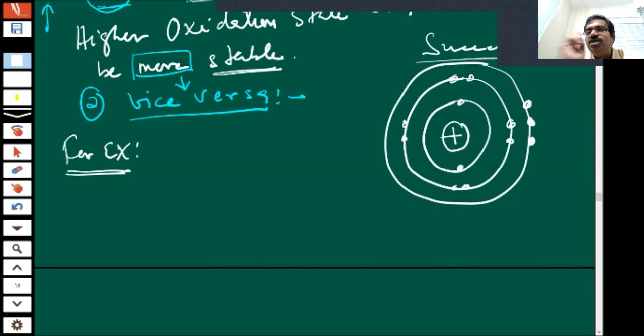Can you tell me which element it is? Aluminium. Okay, very nice. So just see, ionization energy is inversely proportional to atomic size.